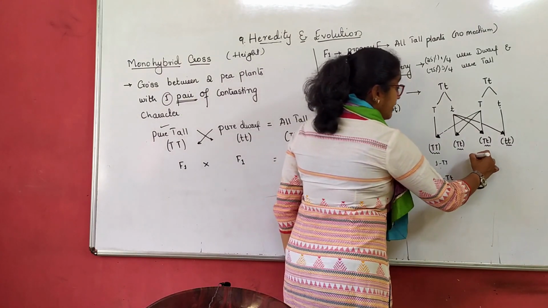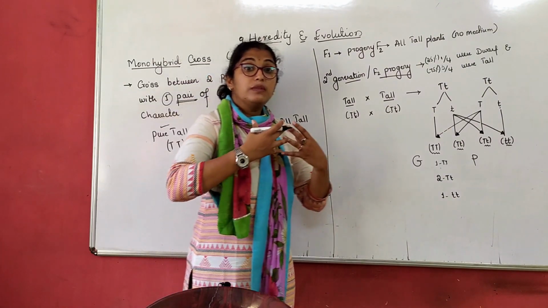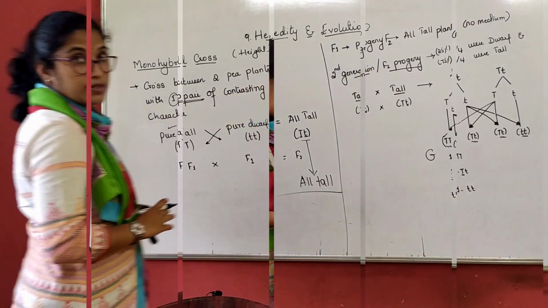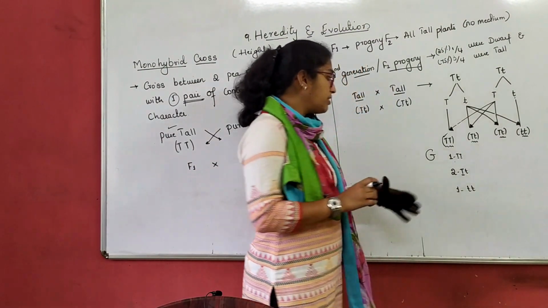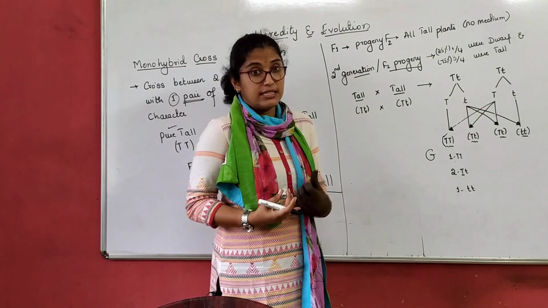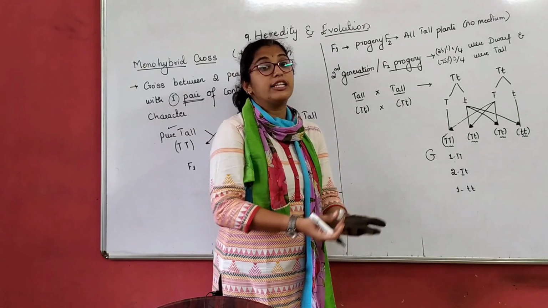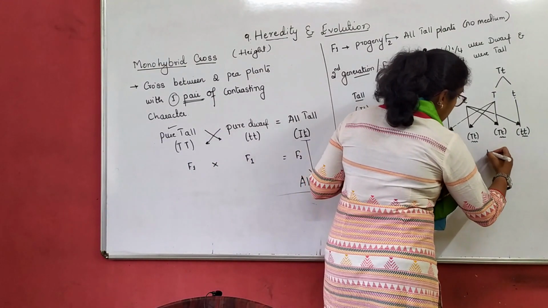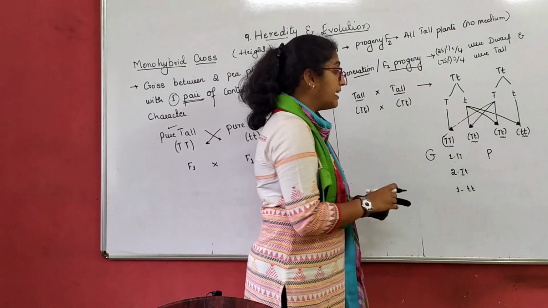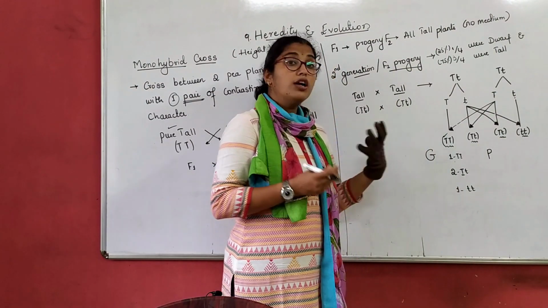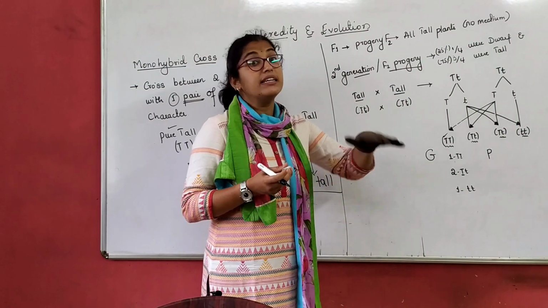Okay. Now let me see phenotype condition. What do you mean by a phenotype condition? What alleles are expressed? So now let us understand the phenotype condition. Now we know that genotype is what it actually consists of, right? Now phenotype is, what it genetically consists of, how it has to be expressed. So in phenotype condition, what traits or what alleles are expressed? Now before that, let us first understand which traits are getting expressed and which traits are getting suppressed.